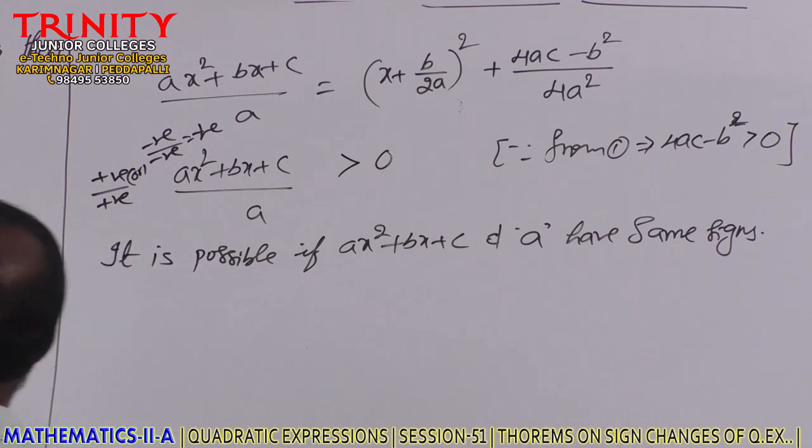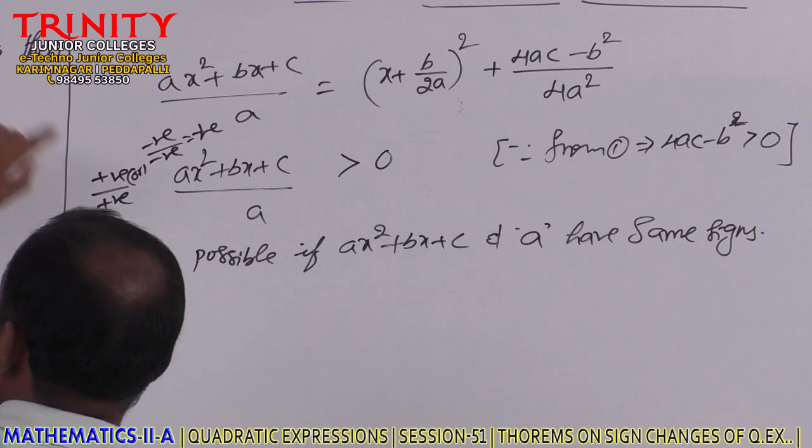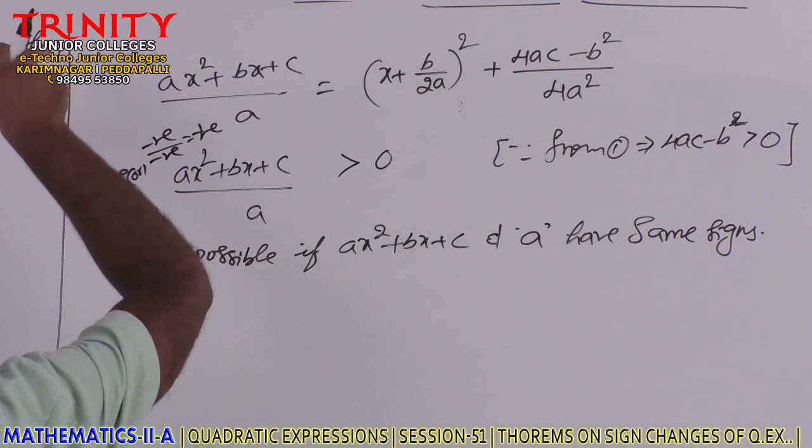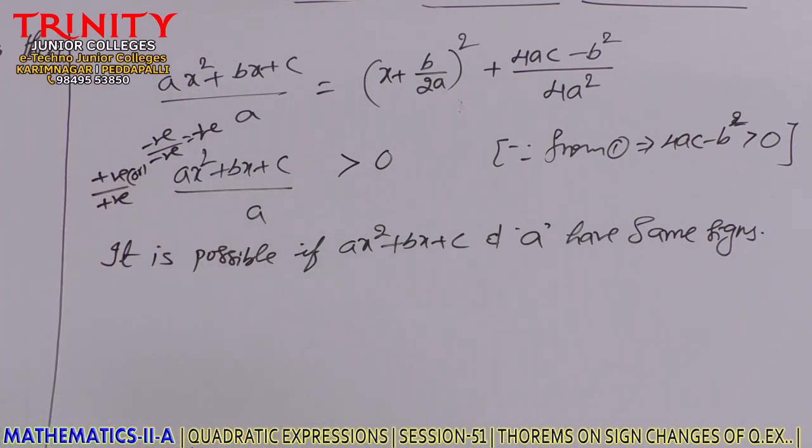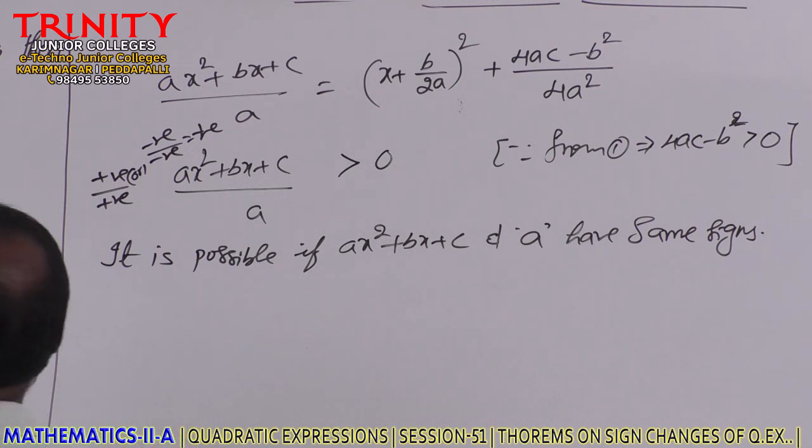Therefore, if ax square plus bx plus c equal to 0 has non-real complex numbers as roots, then the expression is positive for all x belongs to R when these two have the same signs.